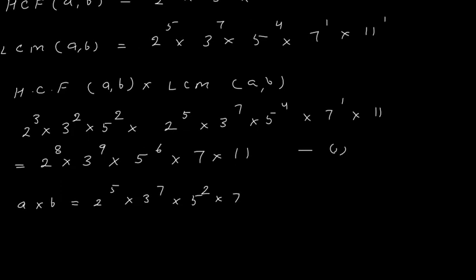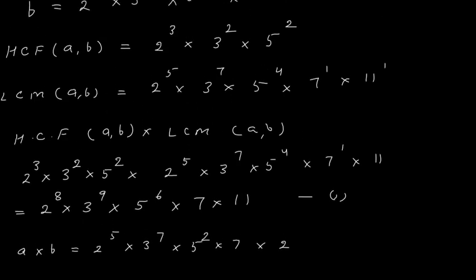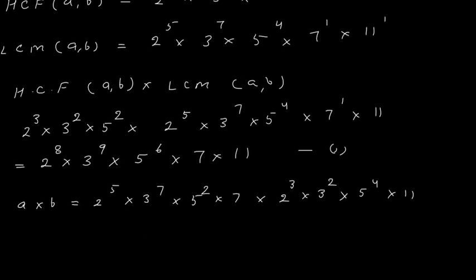The value of B is 2 power 3 into 3 power 2 into 5 power 4 into 11. Now A into B, 2 power, here it is power 5 and 3, 5 plus 3, 8 into 3 power, here it is 7 and 2, 7 plus 2, 9 into 5 power 2 and 5 power 4, 4 plus 2, 6 into 7 into 11.